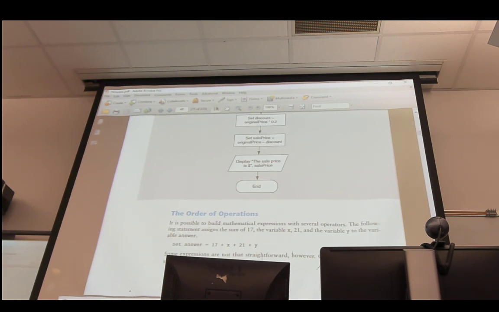Look here. They got 17 plus X plus 21 plus Y. Just add them all up, you got your answer, right? No kind of precedence. It's just plus. Plus is a plus. But here, when we look at this, 12 plus 6 divided by 3. What do we do first? We divide and then we add.